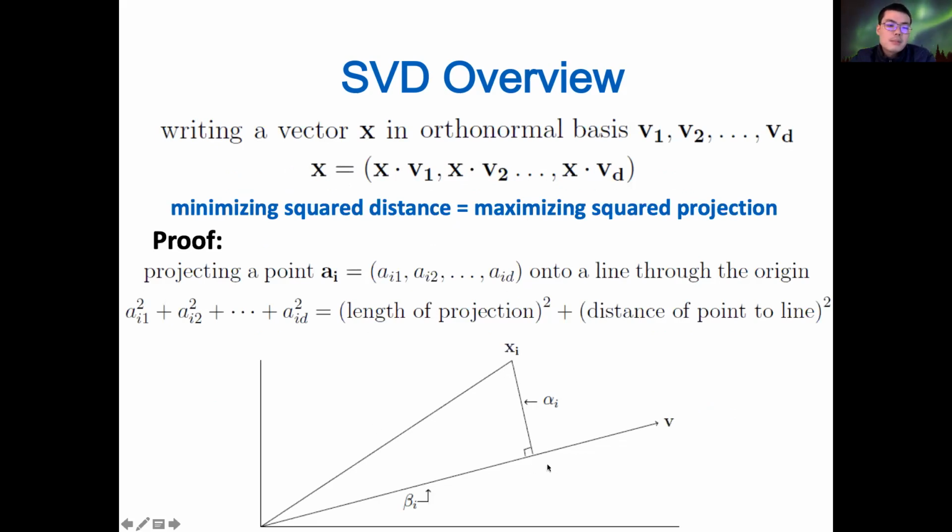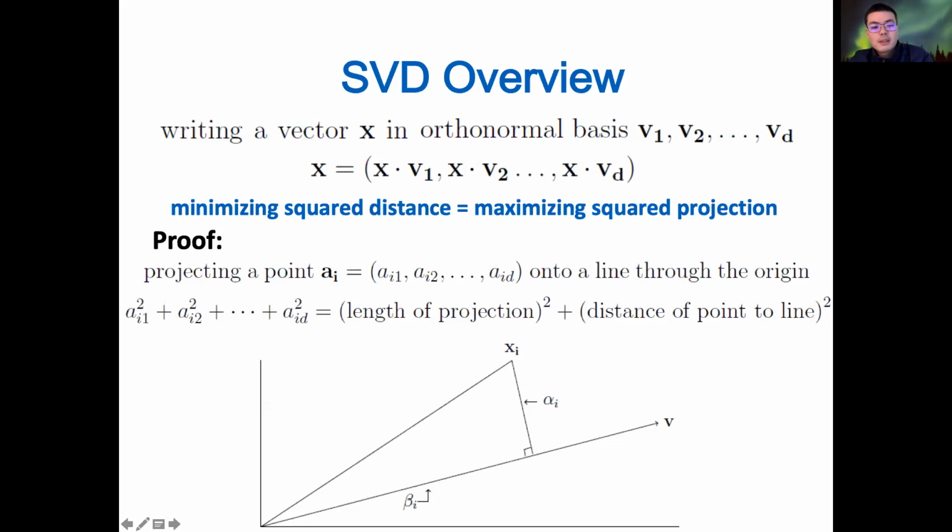So if we want to find an axis in the new space that maximizes the component of your row on this axis, it's equivalent to minimizing this distance, but it's a square relationship. So beta square plus alpha i square is equal to your constant length. When we talk about components, we square them, because of this reason.